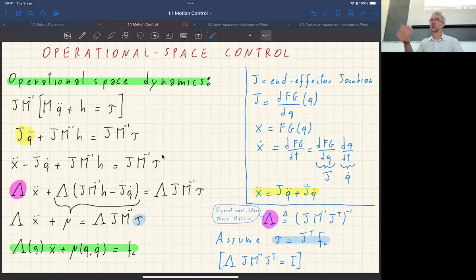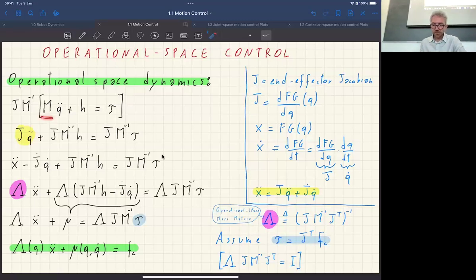So let me show you how you do this conversion from joint space dynamics to operational space dynamics. When I say operational space dynamics or operational space in general, you can think of it as Cartesian space for the moment. I'm going to use these two words to mean the same thing.